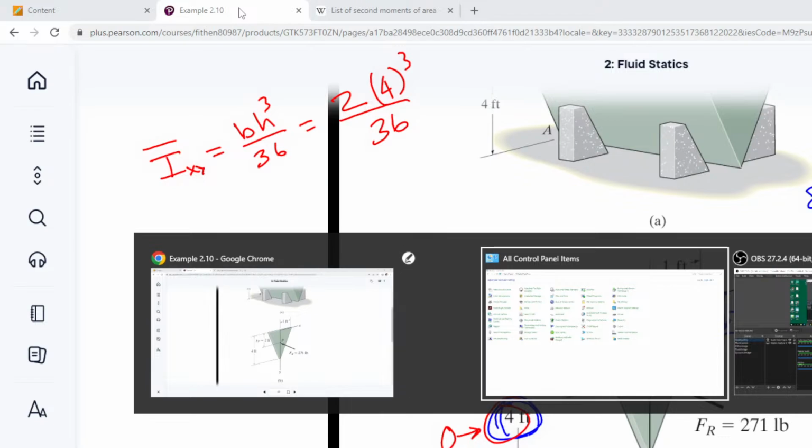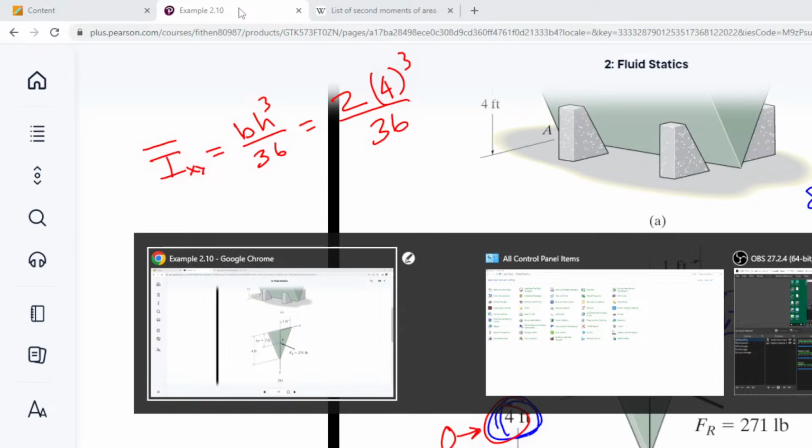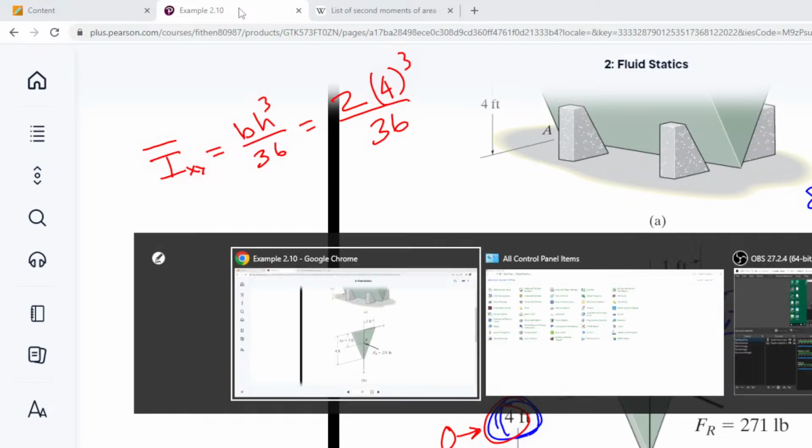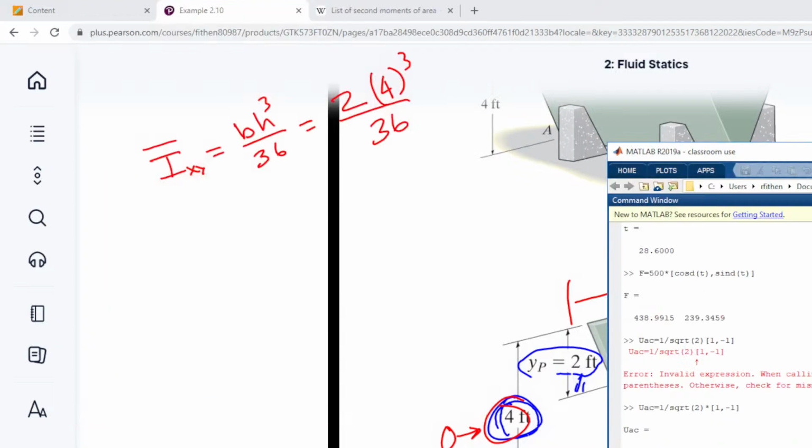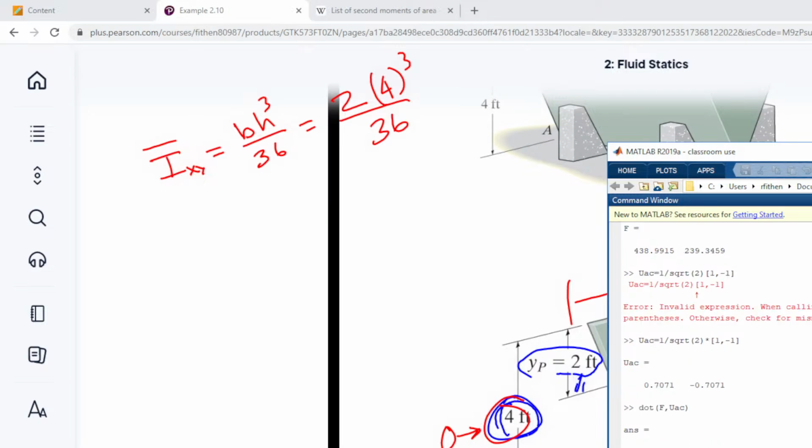Okay, so not a touch screen, so 2 times 4 to the third over 36 is 3.555. So 3.555.